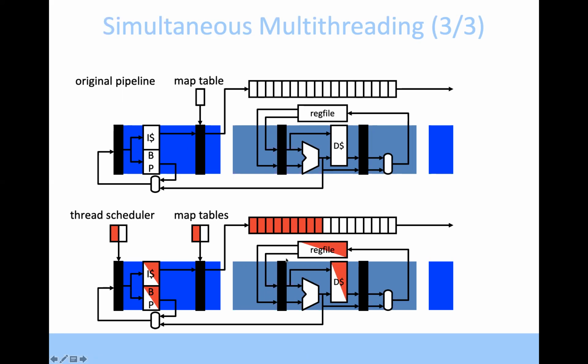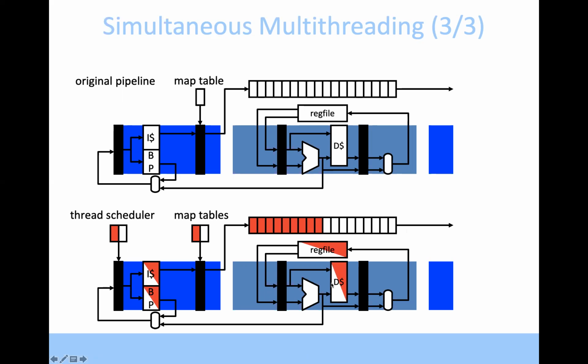And then in the backend, or the out of order execution engine, whichever instruction is ready at any given time, you execute that instruction. And then you maintain the in-order guarantee by having the ROB that keeps track of instruction order.